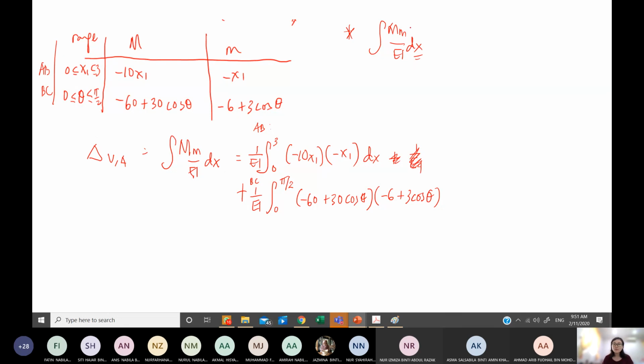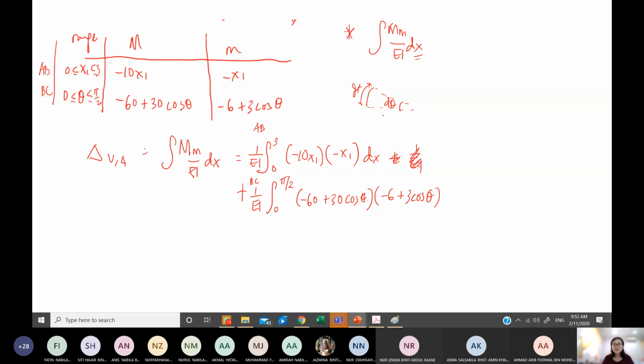But when you want to talk about a distance that is radial, we want to use this d theta right now.